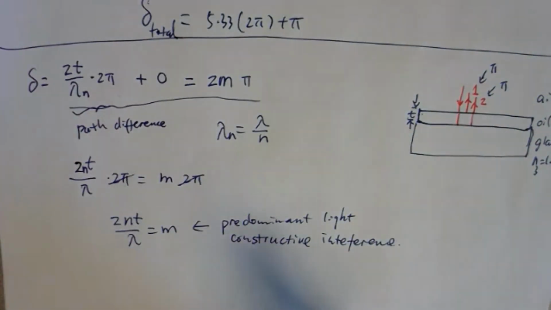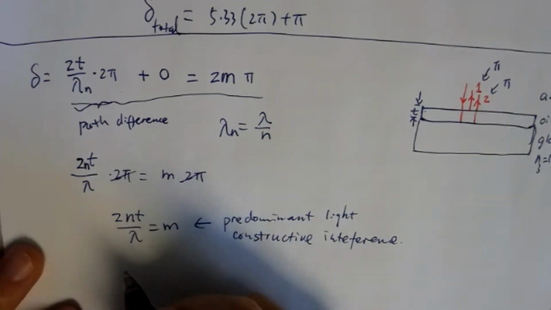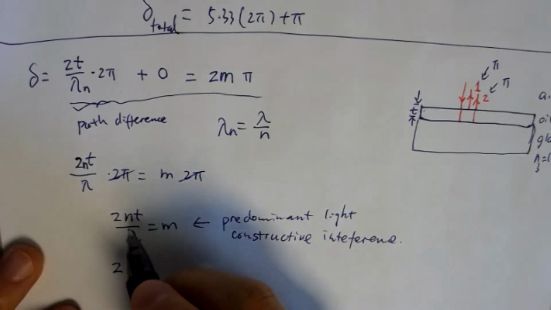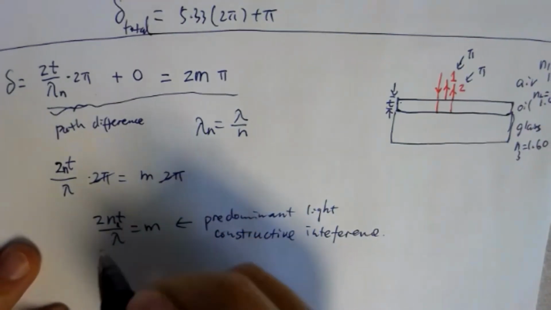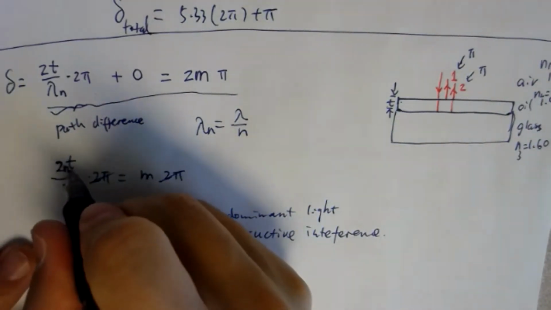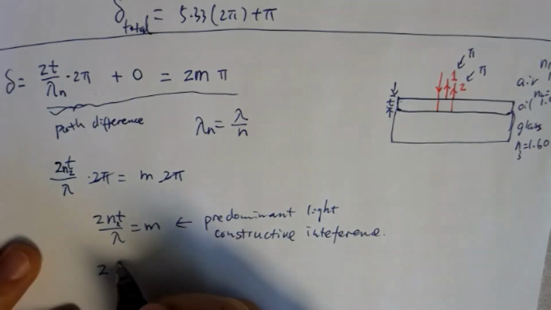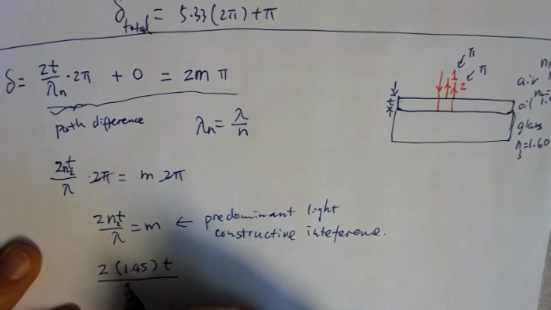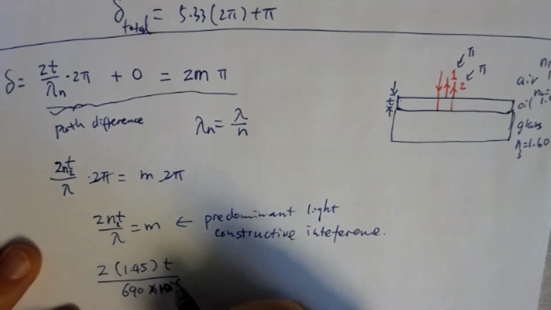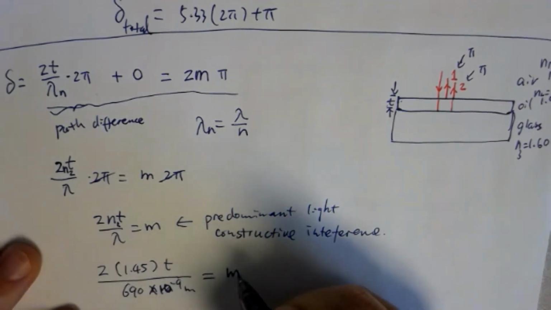All right, it says two lights have that. The first one will be the 690. So you can set up 2 times n, where n will be in the medium. In this case, it will be n2. Let's write that down: 2 times 1.45 times t over 690 nanometers, that is 10 to the minus 9 meters, is equal to m.